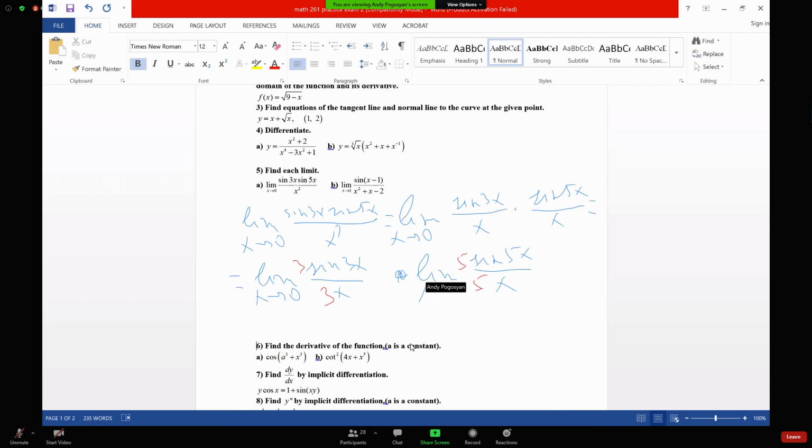Now 5x approaches 0 and 3x approaches 0, so the limit of this part is 1, and the limit of this part is 1. So you have 3 times 1 times 5 times 1. It's 15.